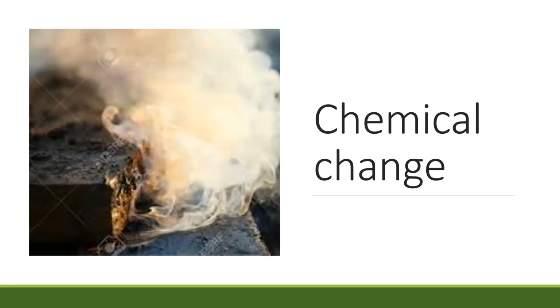I'm changing it into smoke. I'm changing it into dust, because what I'm doing is I'm burning it. I'm actually chemically changing the way those atoms are bonded to each other. So that's definitely the main difference between a physical and a chemical change.